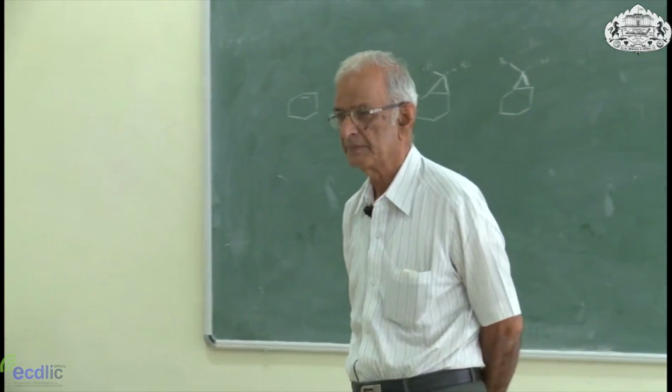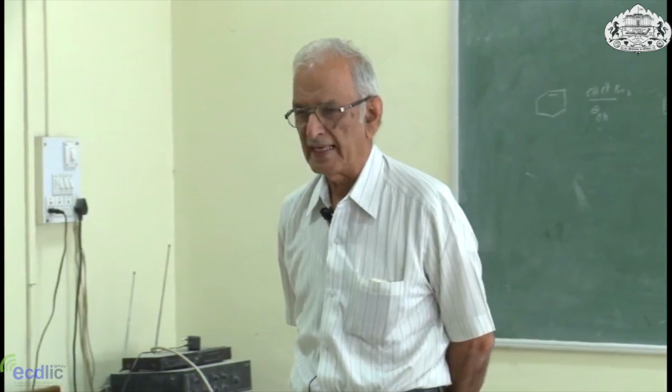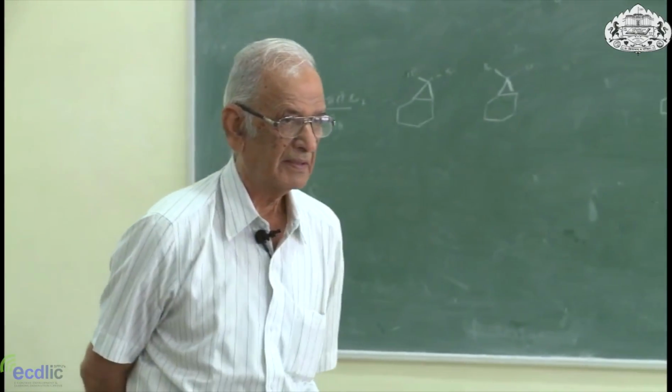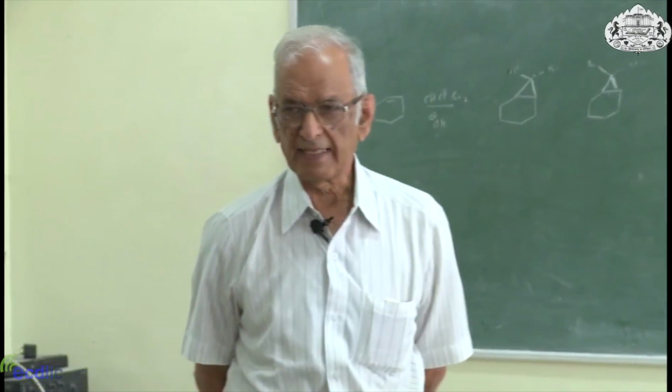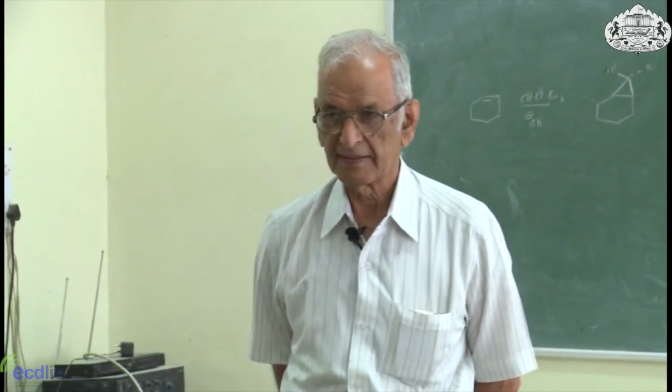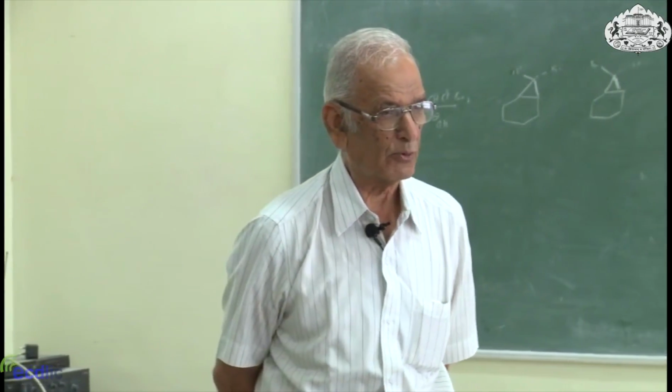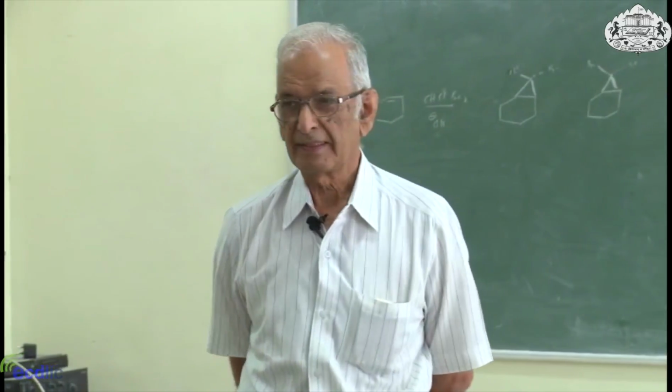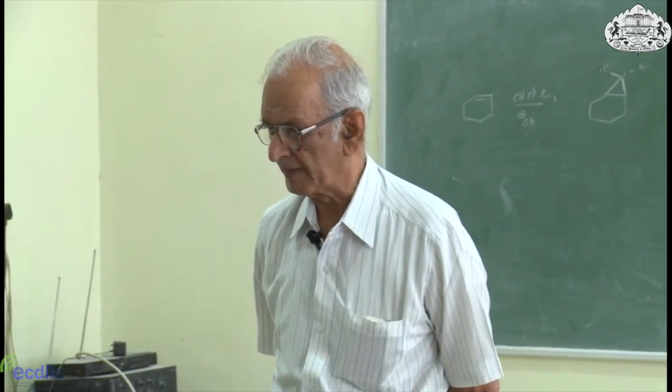This carbene, is it an electrophile, is it a nucleophile? Why is it electrophilic? It is electrophilic because it has only 6 electrons, but our definition of a nucleophile is anything which has a lone pair.